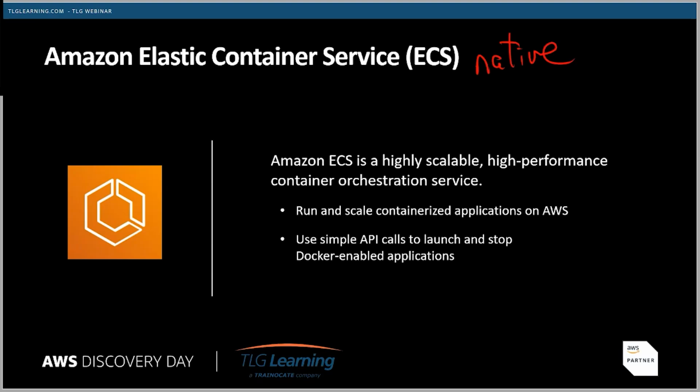Means AWS built this specifically for the cloud, working with their AWS services, where you're running your containers on EC2 instances, for example. And it was built and born in the cloud from the very beginning. They also refer to this as an AWS opinionated service. Means it's the AWS way of managing and running containers in a cloud environment.